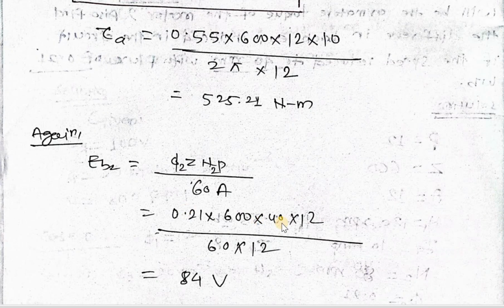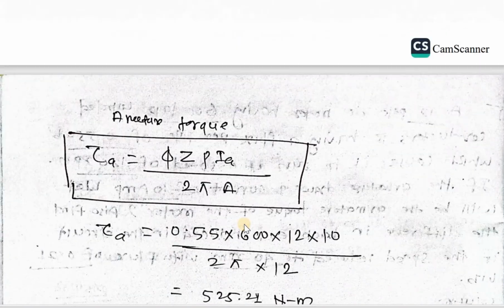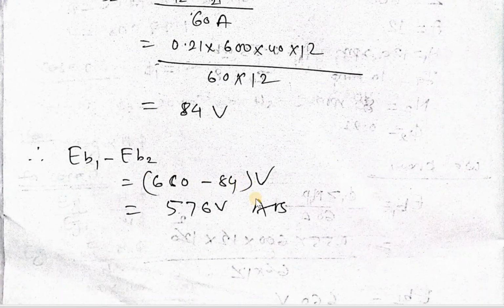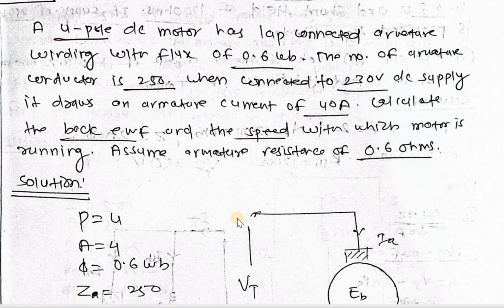So this is the difference in back EMF, that is Eb1 minus Eb2, that is 660 minus 84, sorry, 660 not 600, 660 minus 84, then you can get 576 volt.